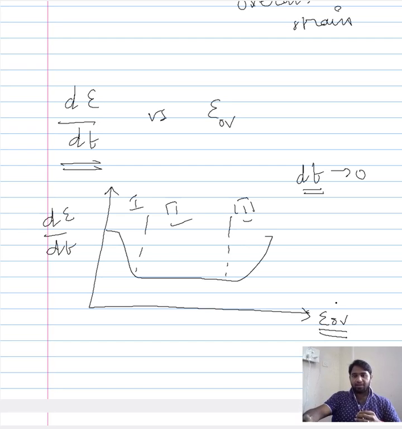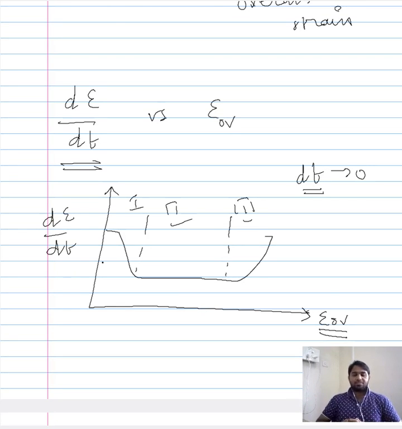Now we have seen that when you study the instantaneous strain exhibited by the material for a small duration of time, and relate that small creep over a period of dt with the overall strain exhibited by the material, you would be able to directly arrive at a plot something like this.